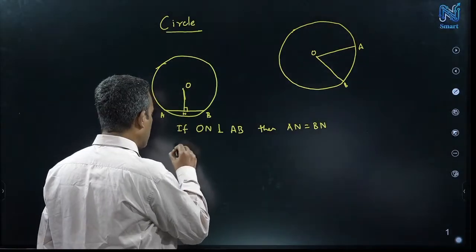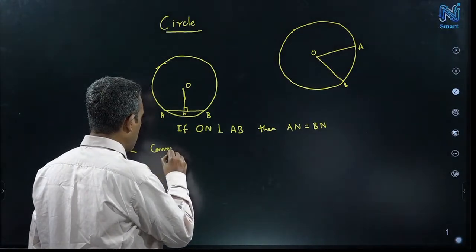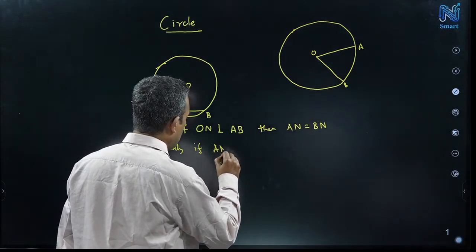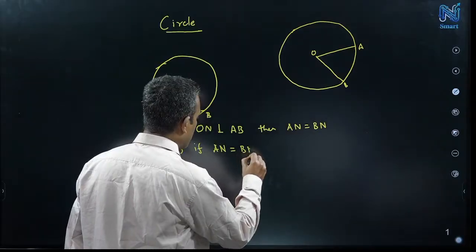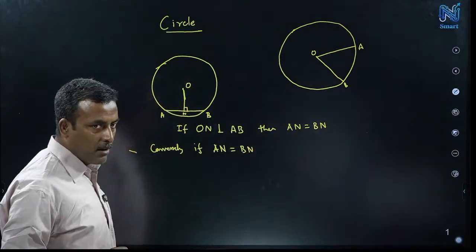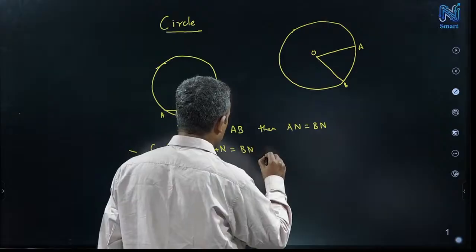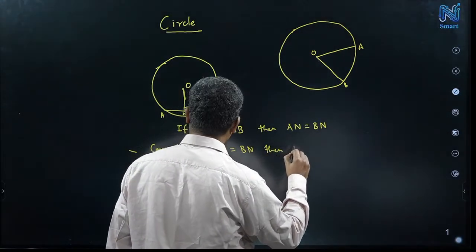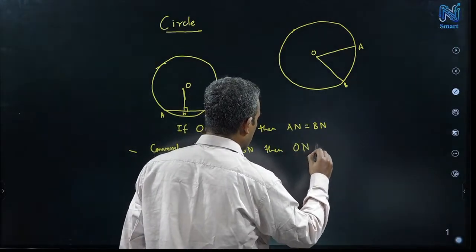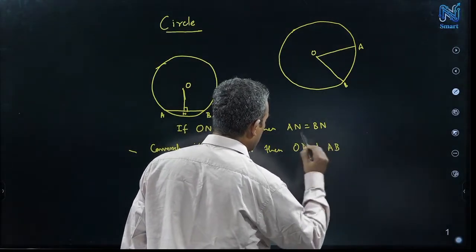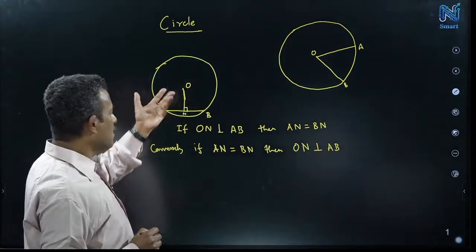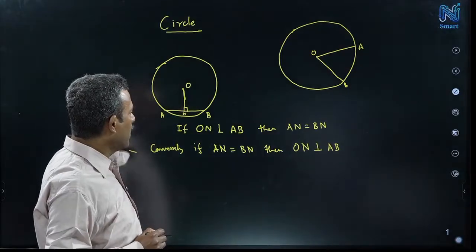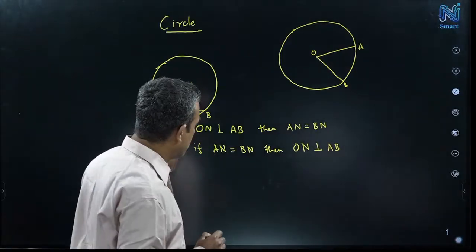And conversely, if AN is equal to BN, N is a point on AB such that N is the midpoint of AB, then ON is perpendicular to AB. How do you prove this? This is just by SSS, because AN equals BN, OA equals OB, and ON is common, so SSS. So, this is easy.